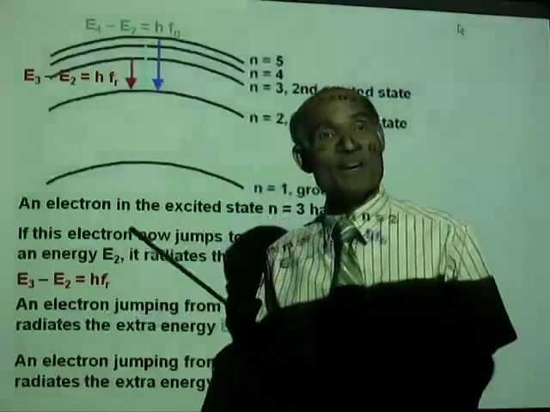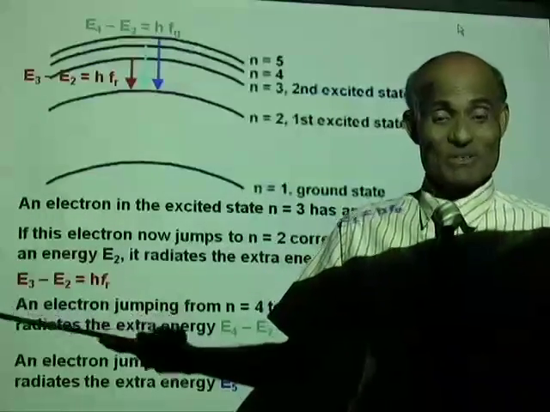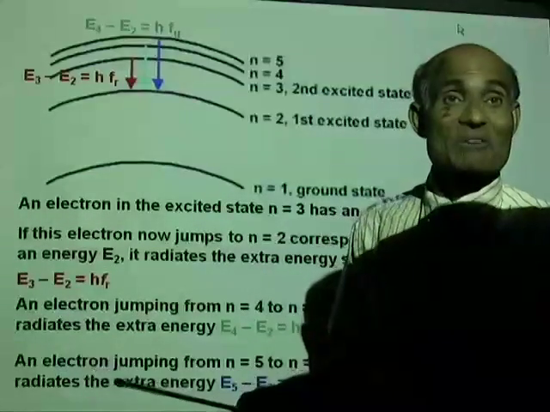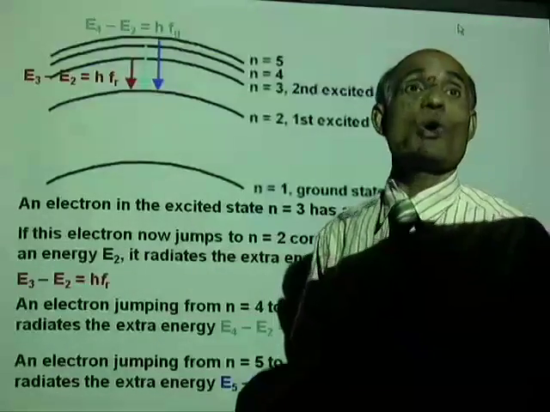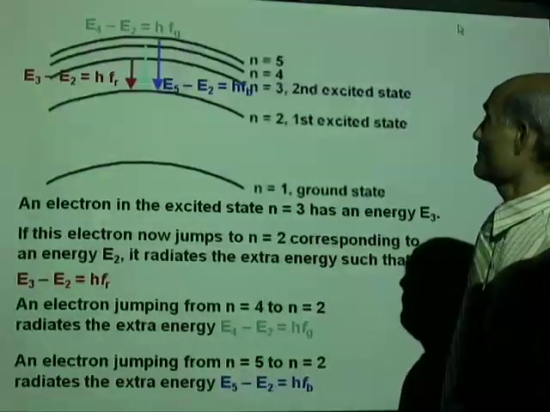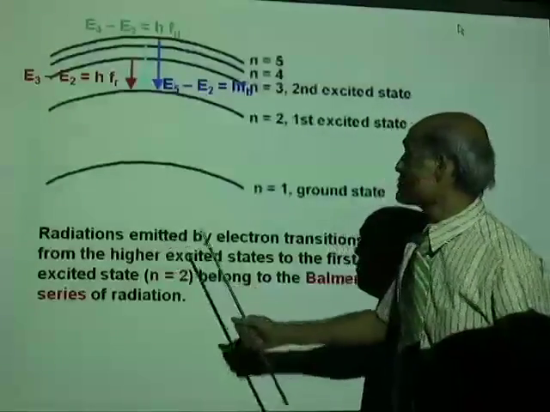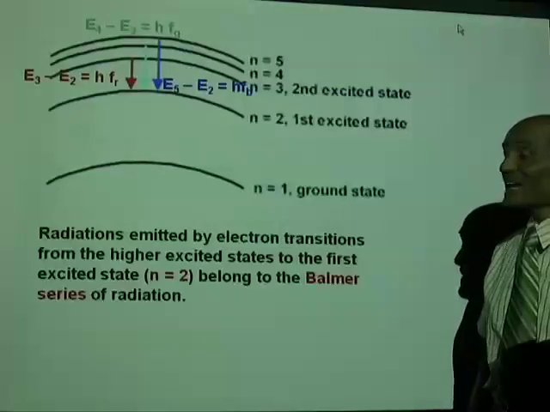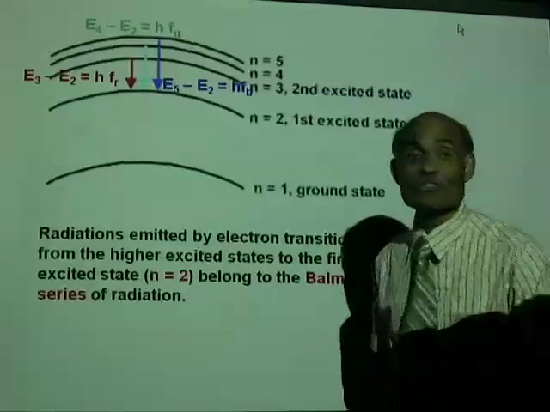Now, look at the way Bohr's model is able to explain the observation. Any model of the atom that we put forward must be able to explain all these observed phenomena. There you are. Now, radiations emitted by electron transitions from higher excited states to the first excited state.